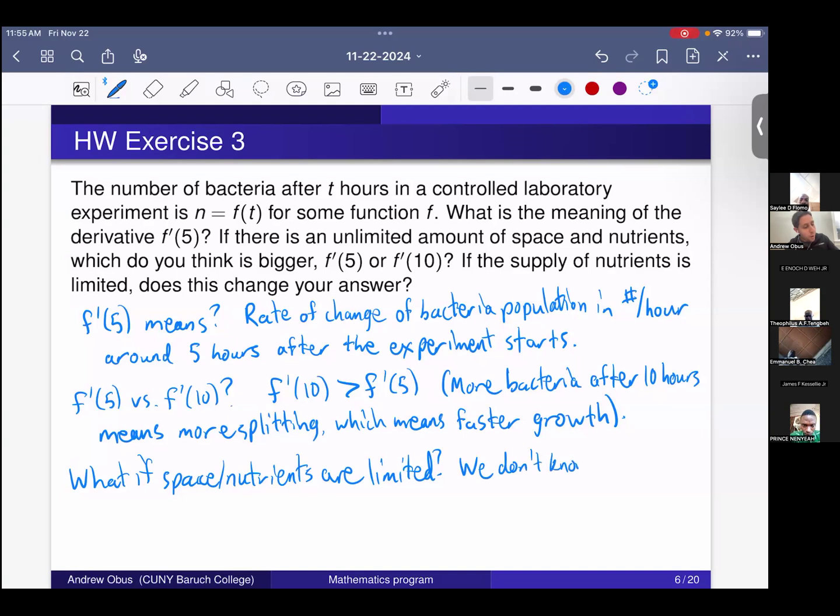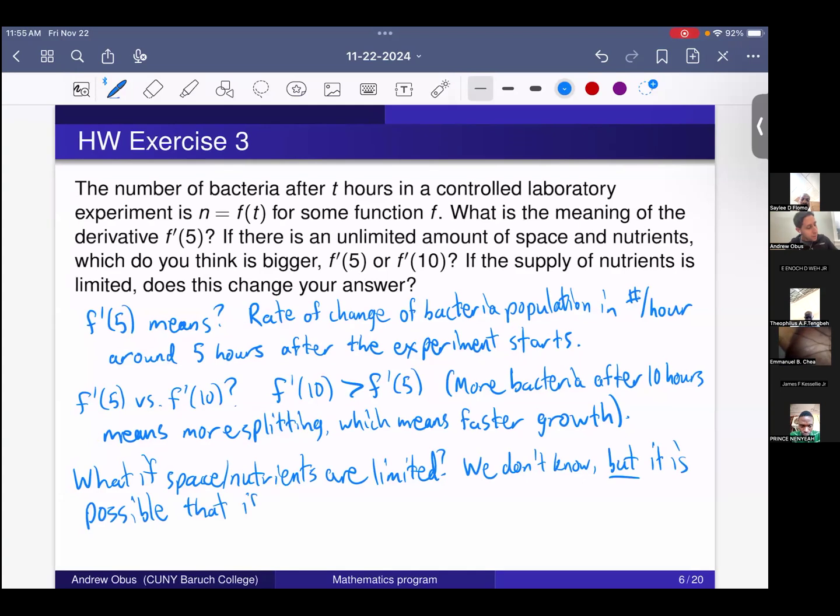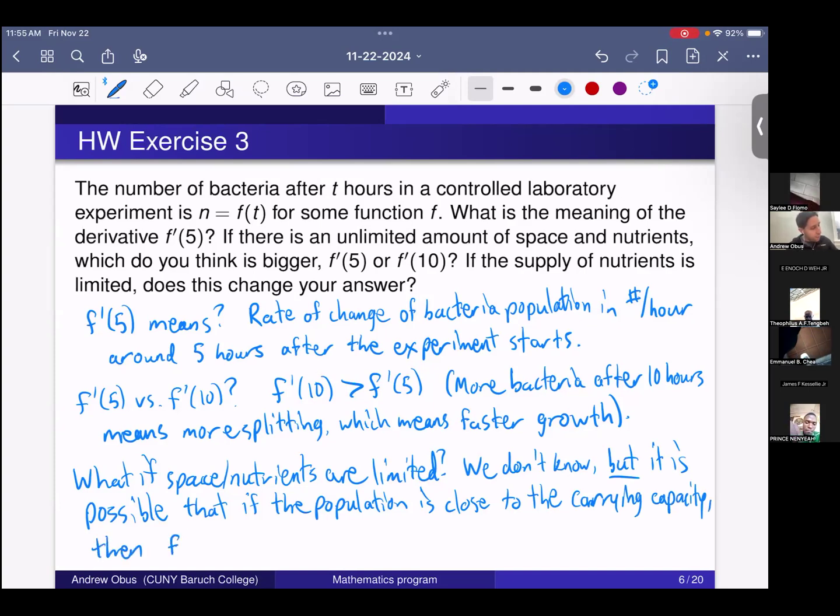We don't know, but it is possible that if the bacteria population is close to the carrying capacity of the amount of space and the amount of nutrients, then it's possible that f prime of 10 is less than f prime of 5 because the population is starting to grow slower.